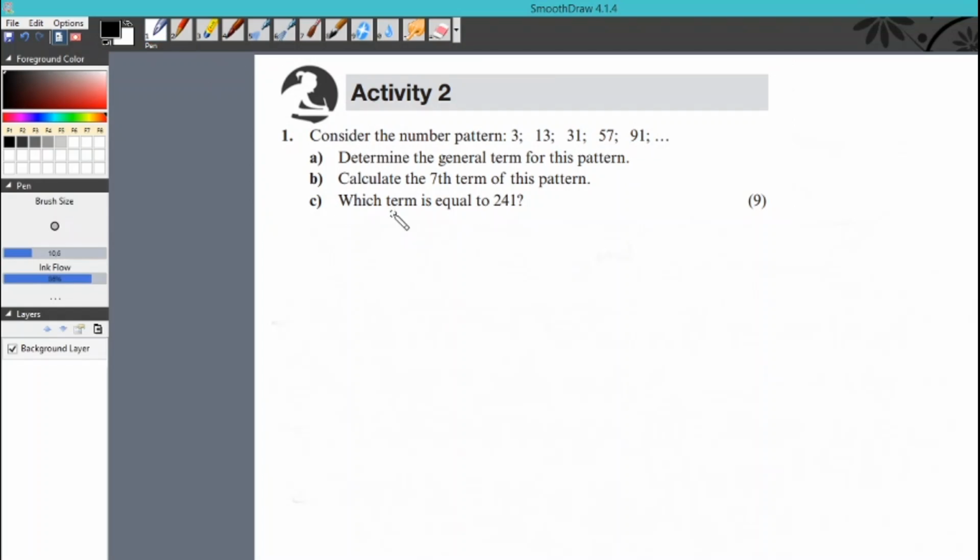We have a sequence or a number pattern. Consider this number pattern. They ask whether this pattern is arithmetic, geometric or quadratic. As a hint, only as a hint, if you are given more than 3 terms, it could be a quadratic sequence, right?